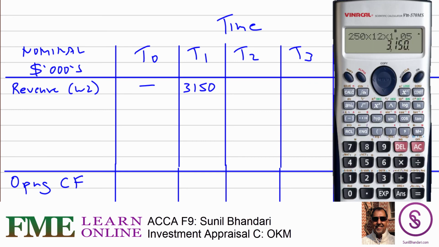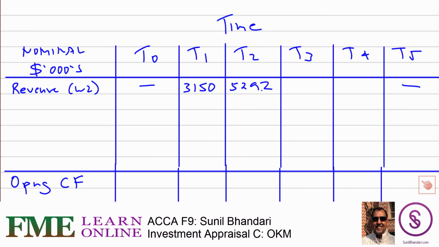Let's go to year 2. I'll clear my calculator off. The quantity from the question 400. The selling price is 12, multiplied by 1.05, my error there, squared for 2 years, that will come out to be 5292.